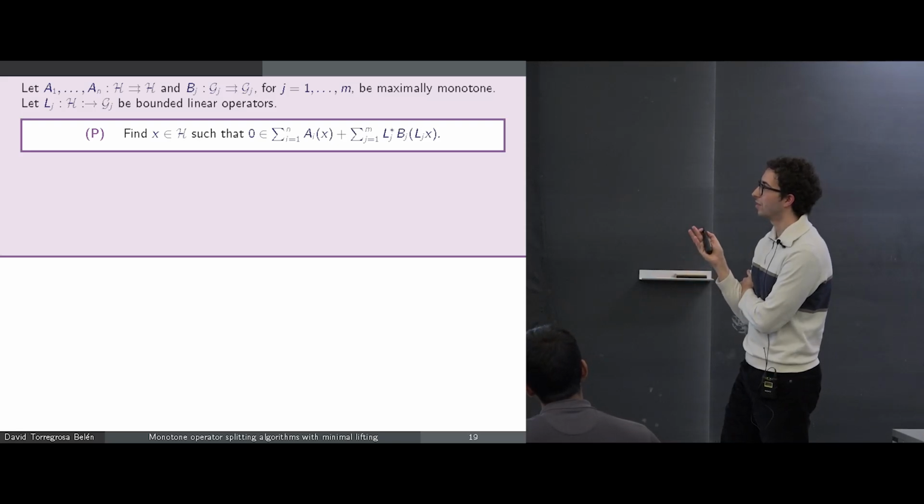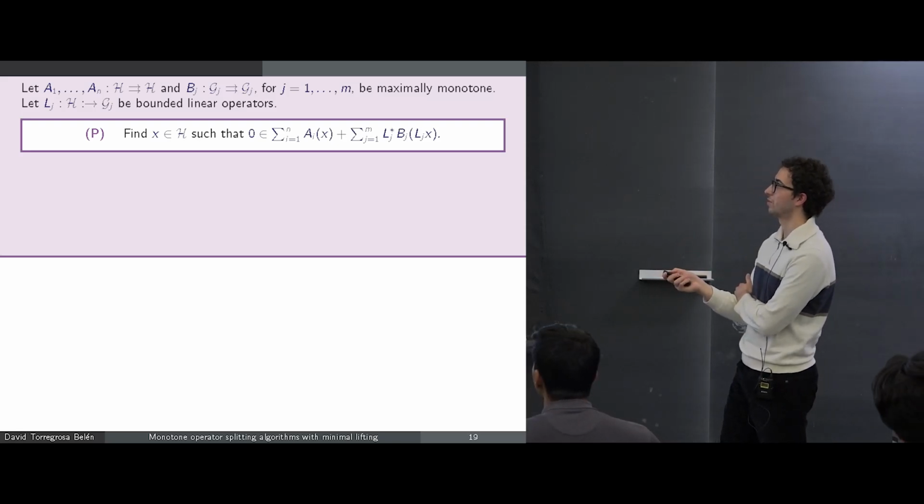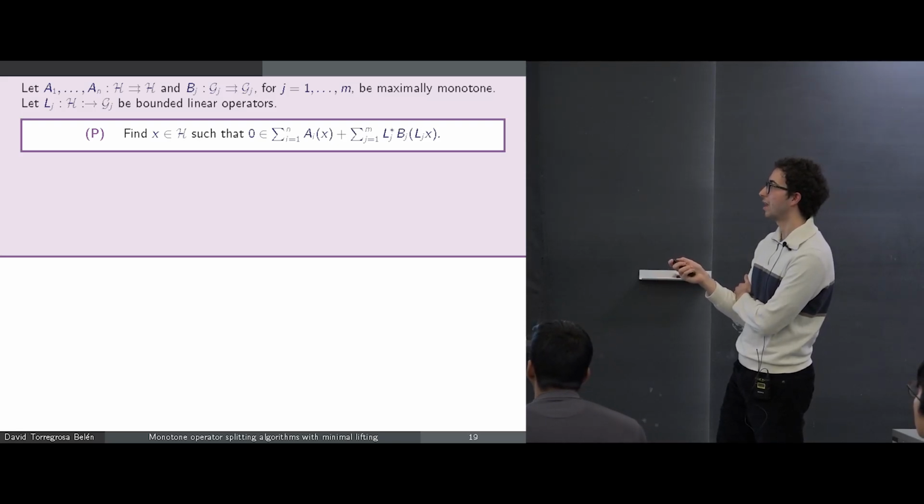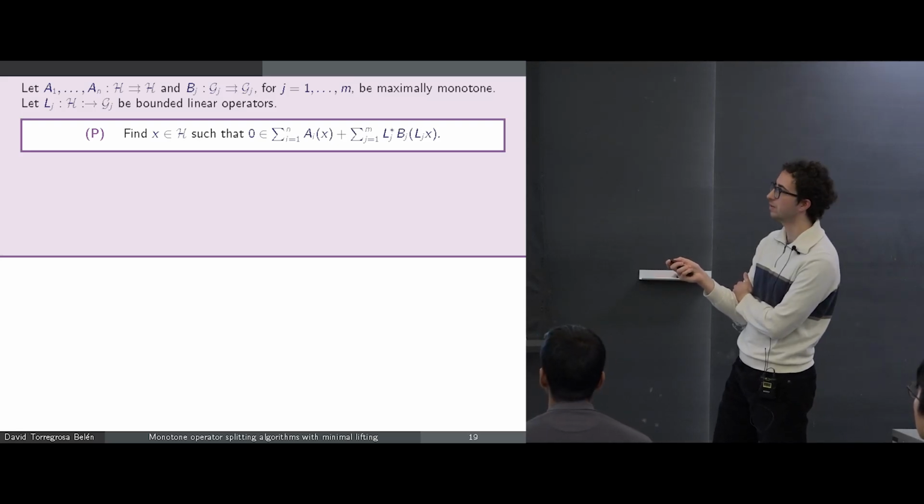And the problem that we wanted is the following. We now have n maximally monotone operators, the A's here, which are defined in the same space, but then we have another m maximally monotone operators, the B's, which are defined in different spaces.